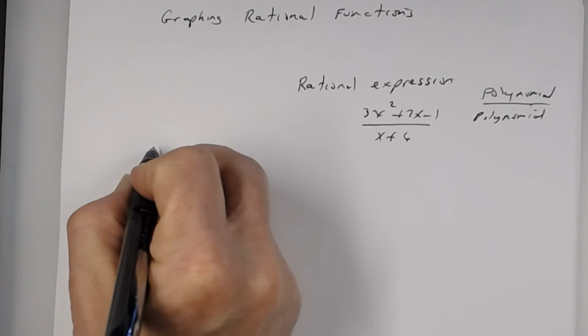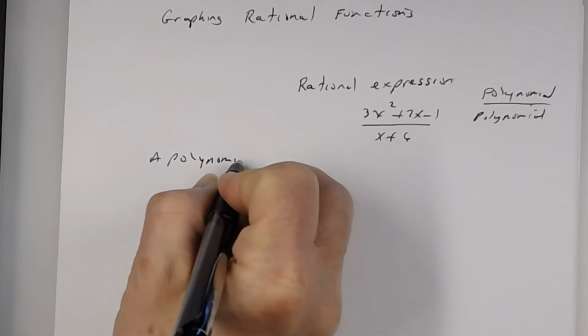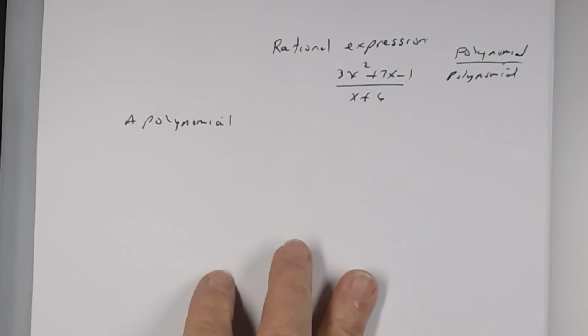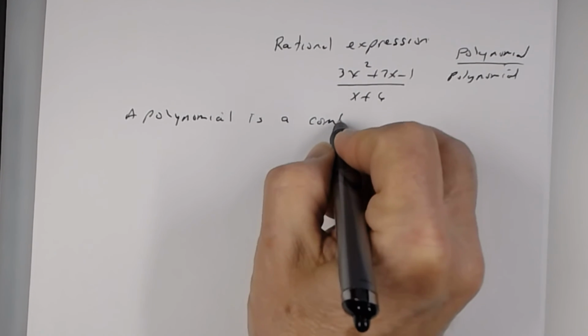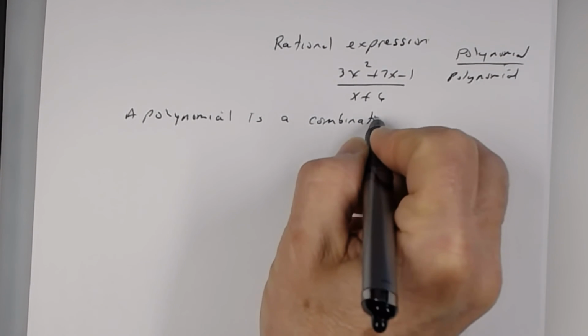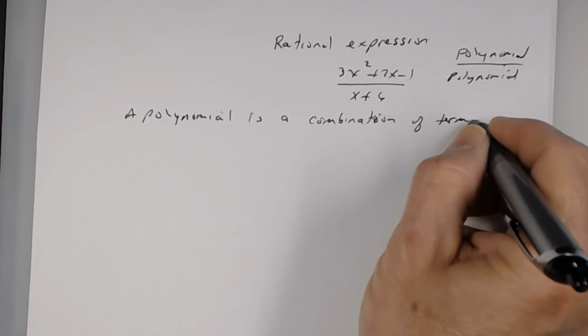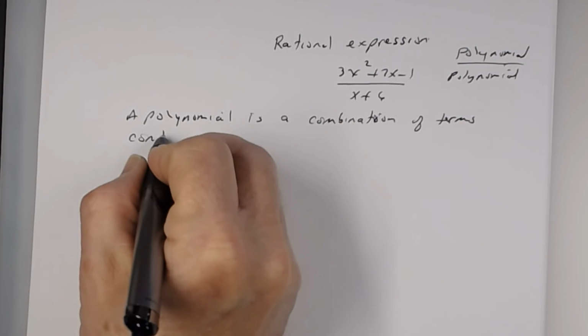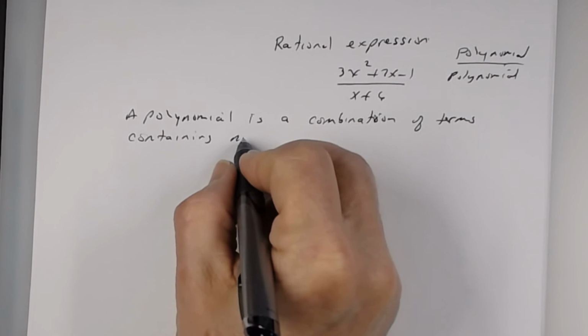So remember, a polynomial is a combination of terms containing numbers and variables.